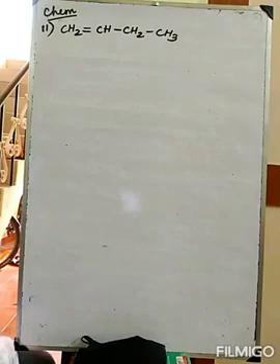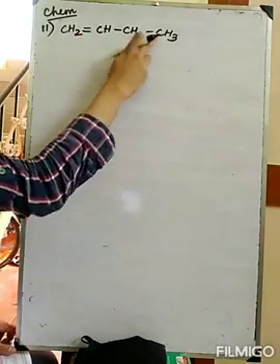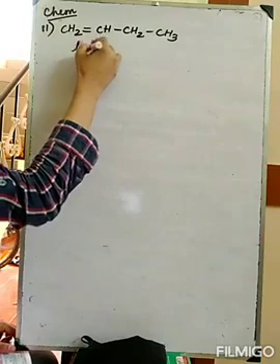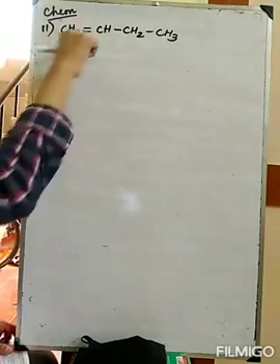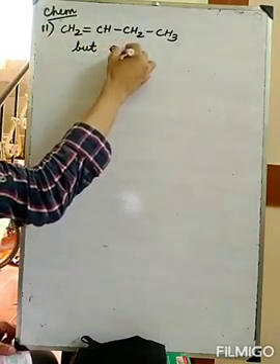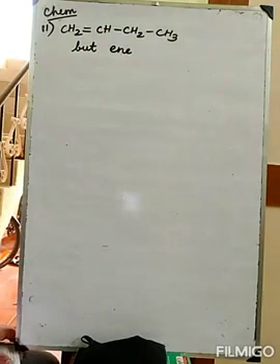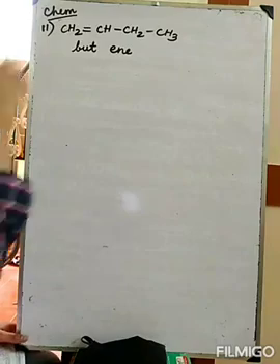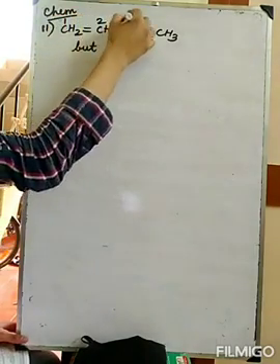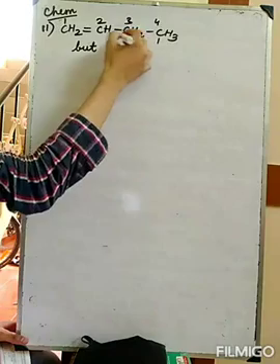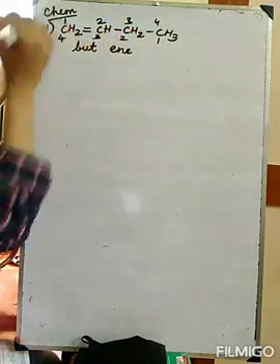So how many carbons are there? 1, 2, 3, 4. 4 carbons means but. Double bond is present, so it is ene. Now you have to mention the position of the double bond. For that, you have to number from this side and from this side.